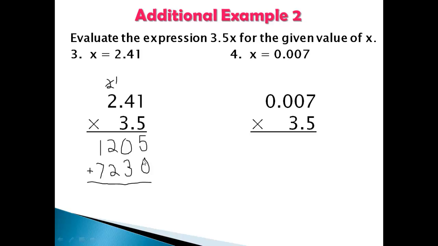Five plus 0 is 5. 0 plus 3 is 3. 2 plus 2 is 4. And 1 plus 7 is 8.